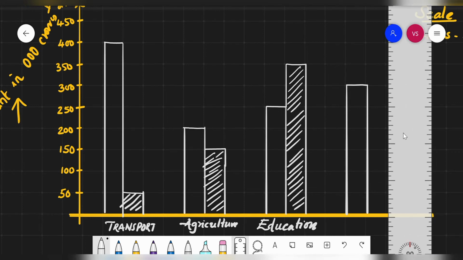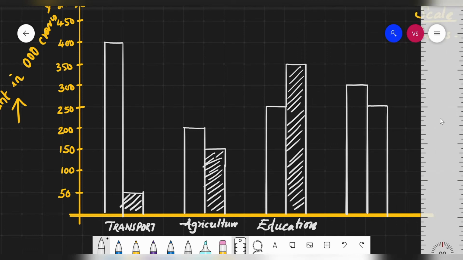So this is 250, and I will draw this and shade. Oh my goodness, again, by default, it has taken the shape of a triangle. Let it be. This is for irrigation.